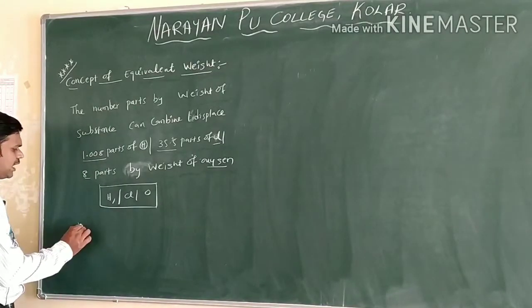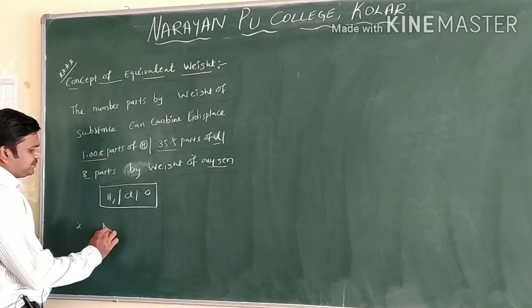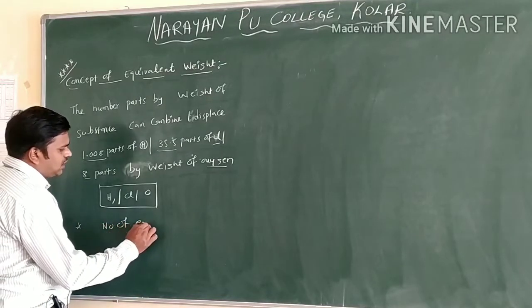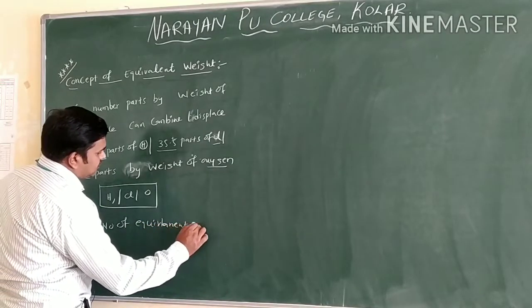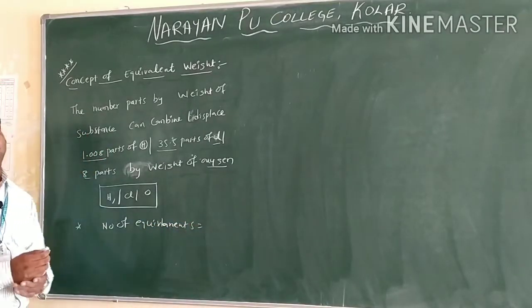Clear? So the number of equivalents you can write here. Number of equivalents means how many equivalent parts there are.